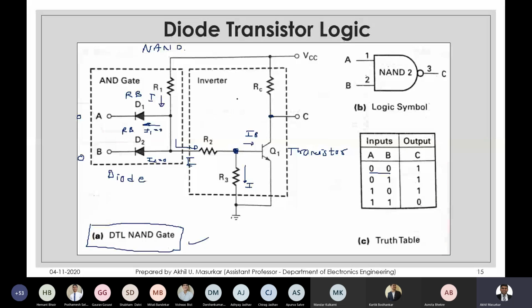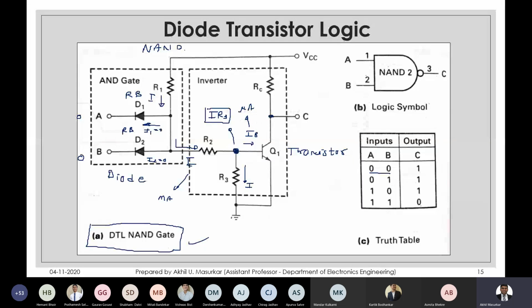Now you know that this I would be something in milliamperes, and IB, as you know, is in microamperes. It's very small. So again, most of the I will be available across R3, which will give me a voltage drop here. So the voltage drop at this point would be I into R3.